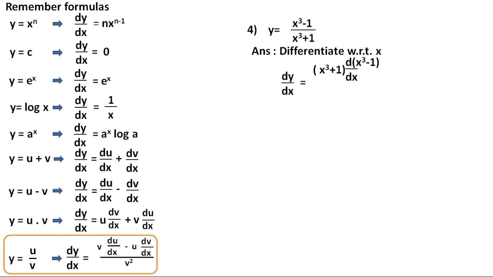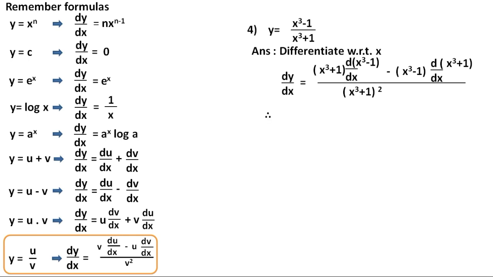Then minus sign in bracket x raised to 3 minus 1 and into d upon dx of bracket x raised to 3 plus 1, and whole divided by x raised to 3 plus 1 whole square. Okay.